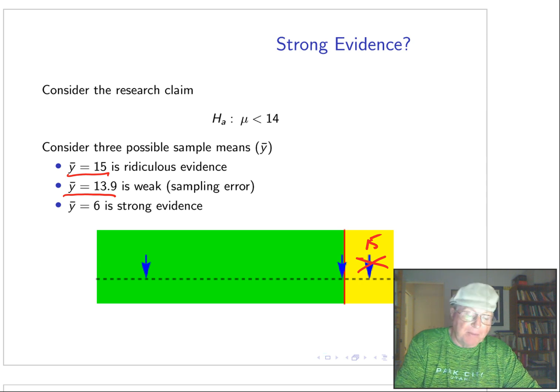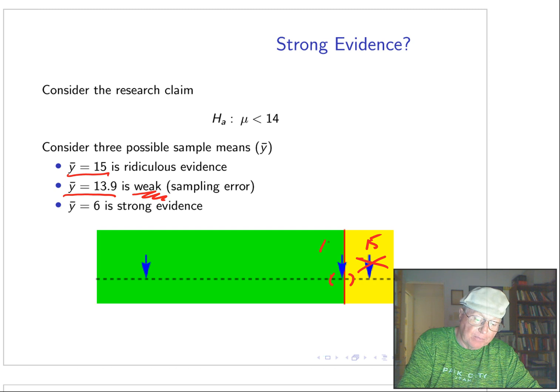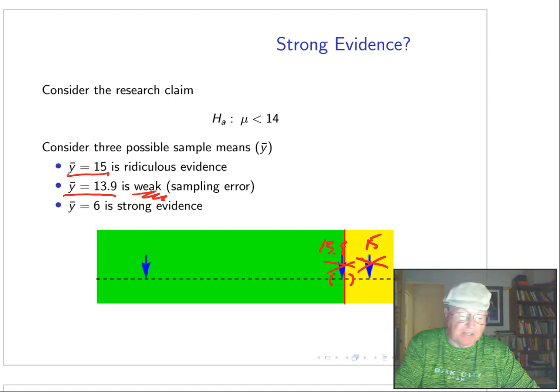Now, remember when we talked about estimation that there's some variation around the sampling mean, and so it's possible that it could be a little bit smaller, but it could also be a little bit larger. So this is weak evidence. And so that's not going to be convincing either.